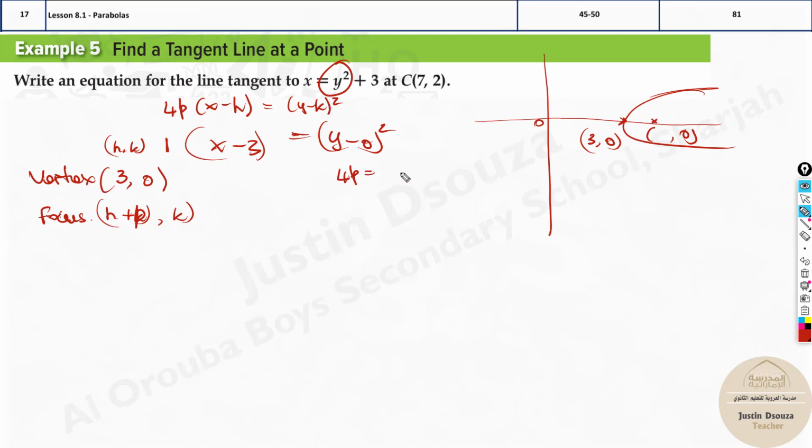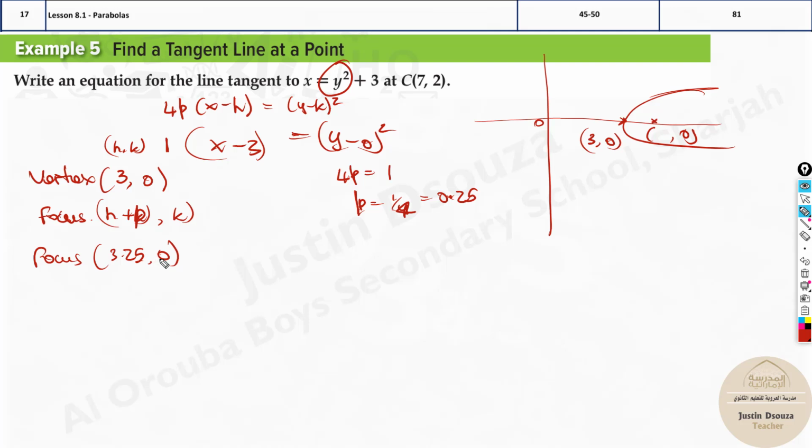4p is equal to how much? There's nothing over here. That means it's 1. p is 1/4, or you can write it as 0.25. So that's the thing. And what else now? If I know p, I can solve for the focus. Focus is equal to, say h is 3, 3 plus 0.25 is 3.25, 0, because the k value doesn't change.